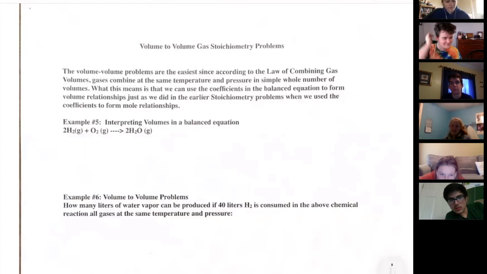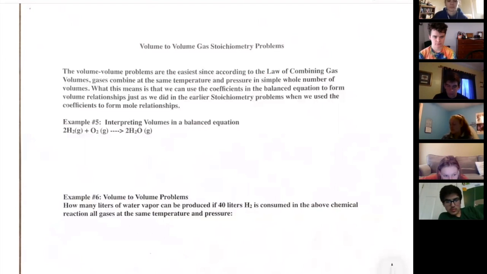Volume to volume is last but not least, and these are the easiest because of the law of combining gas volumes, which says that gases combine at the same temperature and pressure in simple whole number of volumes. What this means is that you can use the coefficients in the balanced equation to form volume relationships, just as we did in earlier problems when we used the coefficients to form mole relationships.